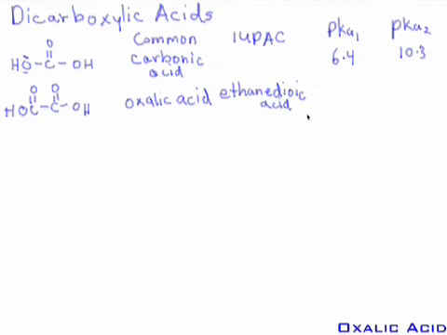Now, the pKa1 for oxalic acid is 1.2. It's a very low value, which indicates it's quite a strong acid, much stronger than the typical pKa of 4 to 5 of carboxylic acids. The second pKa of 4.2 is more typical of what you expect for a carboxylic acid.